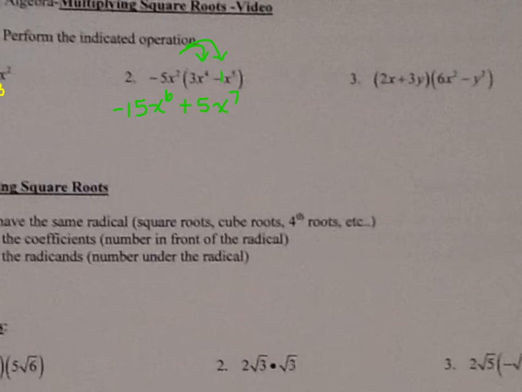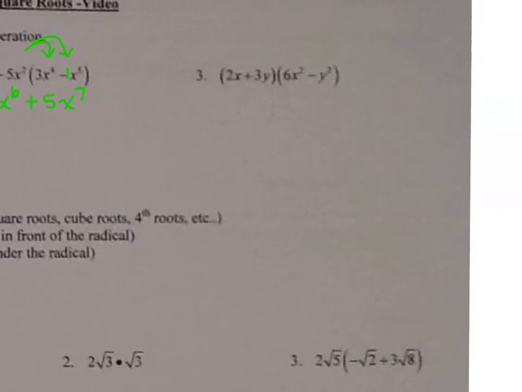And let's take a look at number 3, multiplying two binomials together. All right, so we have 2x times 6x to the second, that's 12x to the third. 2x times negative 1y to the second is negative 2y to the second. And I need an x in there also.